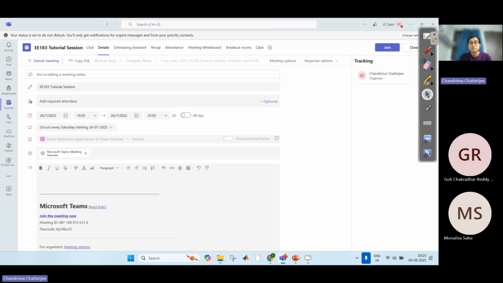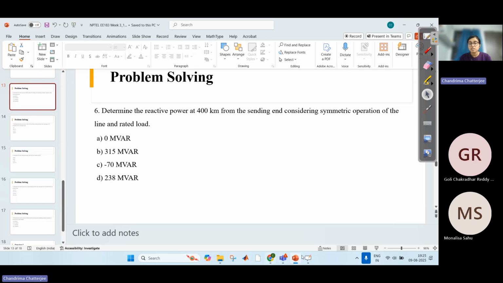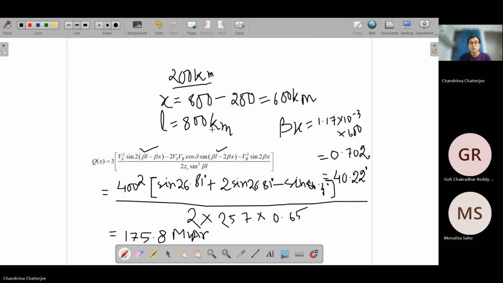So basically the expression we just used, this expression for reactive power, is valid for any x. So you can find out the sending end reactive power if you put x equal to 0 in this expression.